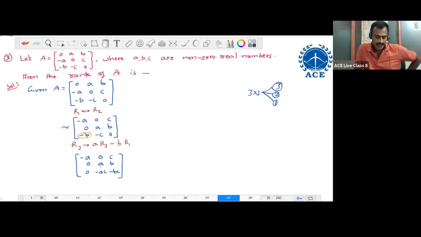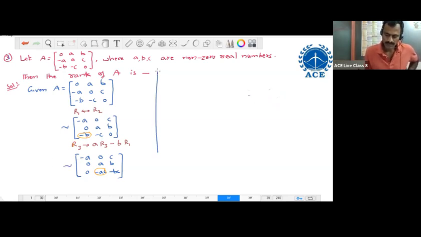After completion of the first column, we go to the second column. Along the second column, below the second element, it should be 0. To make it 0, we use the element just above it, that is the corresponding second row. Now the operation is R3 going to R3 plus c into R2.